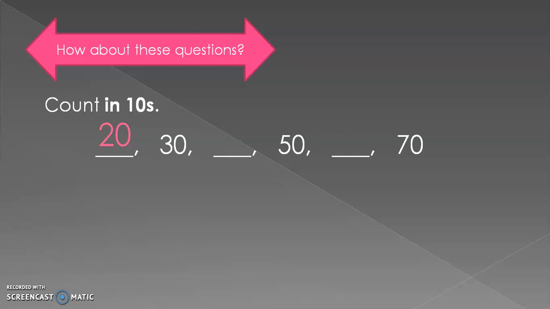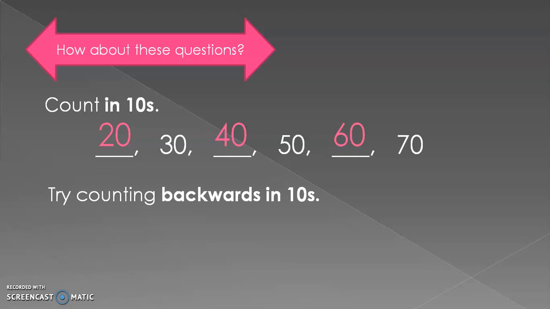Then the next 10 numbers after 30 are 31, 32, 33, 34, 35, 36, 37, 38, 39, 40. We can do the same with 50. 51, 52, 53, 54, 55, 56, 57, 58, 59, 60. So that's how we count in tens.